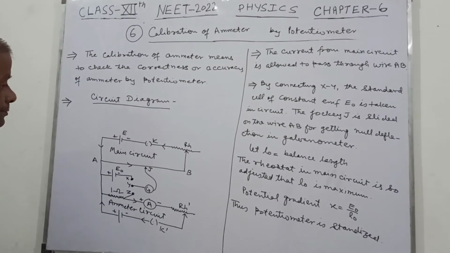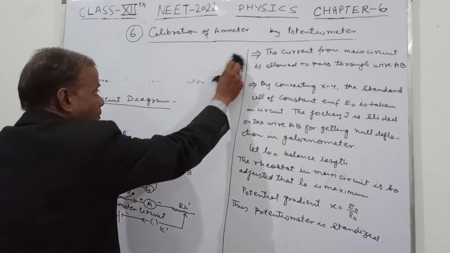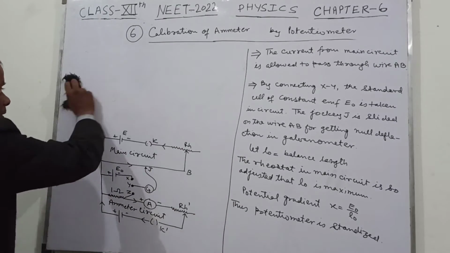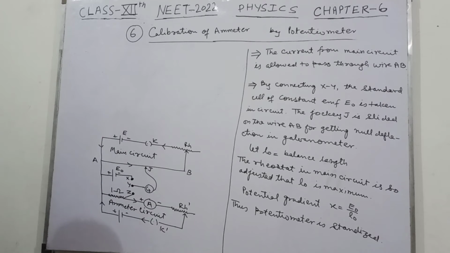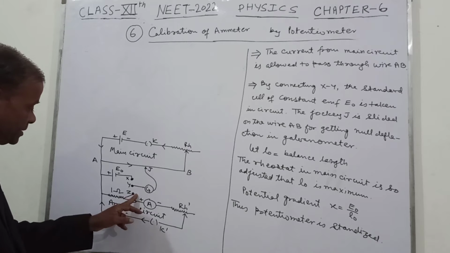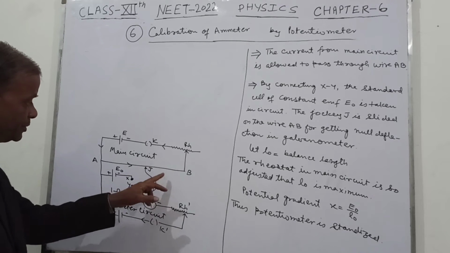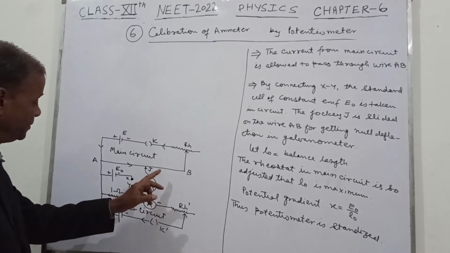So now what we do is, after standardizing, XY is disconnected and YZ is connected, so that this 1 ohm resistance is in the circuit of potentiometer, or this is the main circuit.